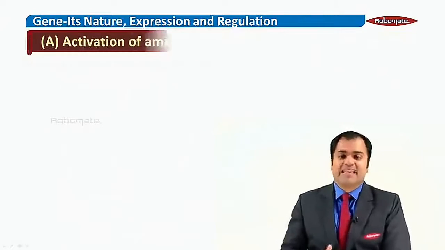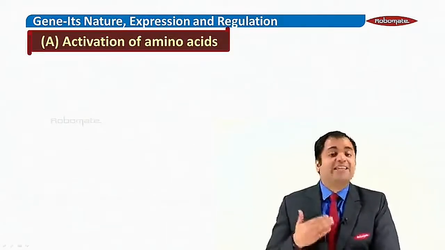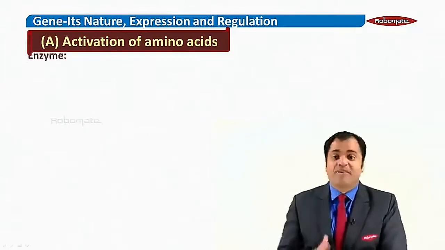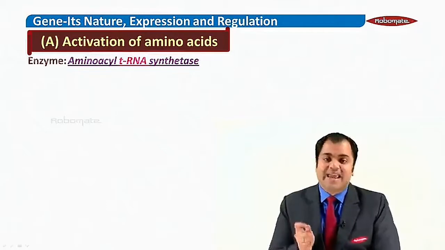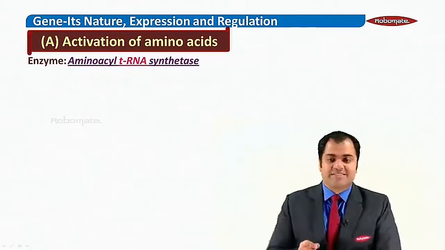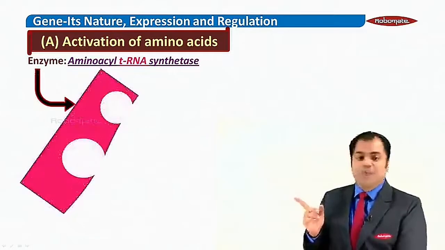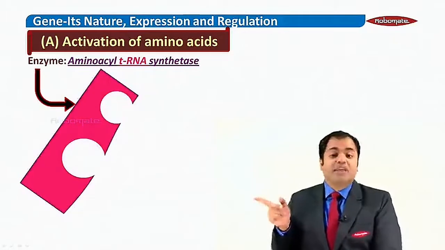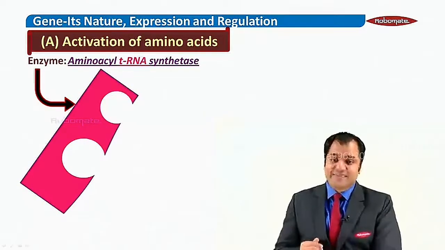Moving on, let us see how the activation of amino acid takes place. For the activation of amino acid, we require a very important enzyme, and the enzyme is amino acyl tRNA synthetase. Let us see how this enzyme looks. There you go. What I've shown you here is a molecule of the enzyme called amino acyl tRNA synthetase. Right?